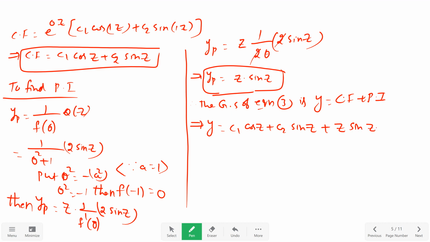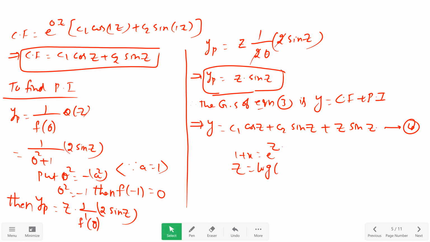Now we want the general solution of the given equation. To get the general solution of equation 1, in equation 4 we substitute the z value. The substitution is 1 plus x is equal to e power z, so from this we get z is equal to log of 1 plus x.